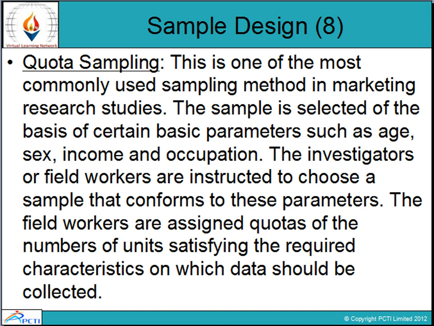The investigator is instructed to choose the samples that conform to these parameters. और हर एक फील्ड वर्कर को यहाँ पे एक कोटा असाइन किया जाता है, कोटा ऑफ द नंबर ऑफ यूनिट्स, those units which are satisfying the required characteristic, जिनके बेसिस पे डेटा कलेक्ट करना है.